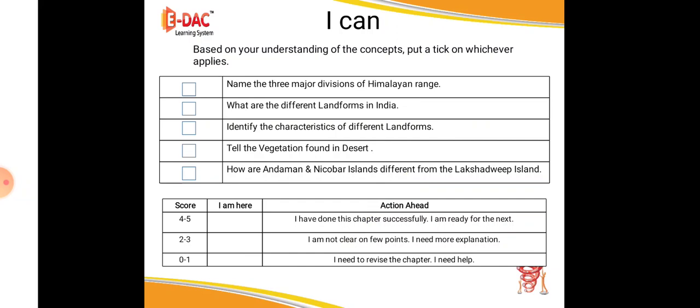Put a tick if you know what the different landforms in India are. Put a tick if you can identify the characteristics of different landforms. Put a tick if you can tell the vegetation found in desert. Put a tick if you know how Andaman and Nicobar Islands are different from the Lakshadweep Islands.